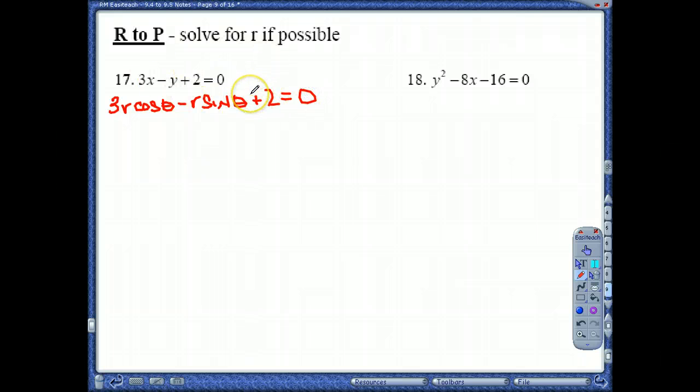Now, in this case, we would want to solve for r if we possibly can. If you can't solve for r, just get everything to the same side. Well, I can go ahead and solve for r. What I'm going to do is take that 2 to the other side. Factor out an r because both terms have it.